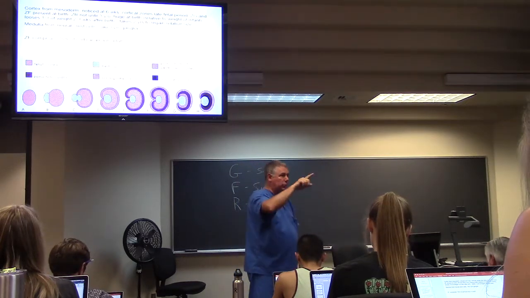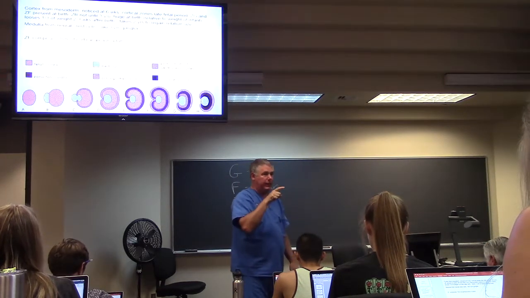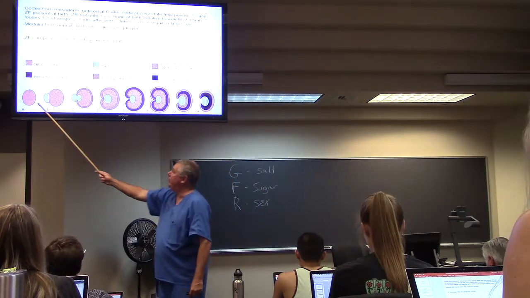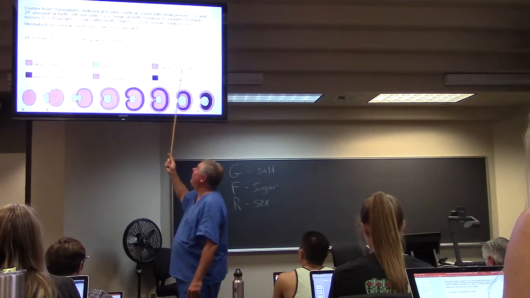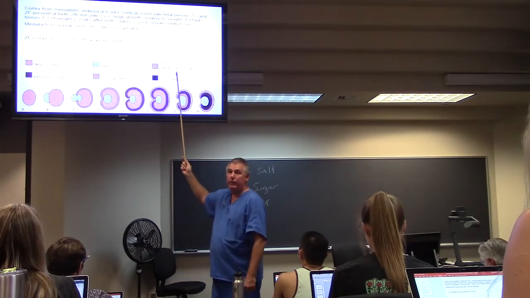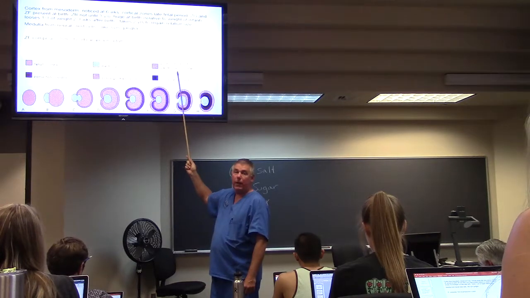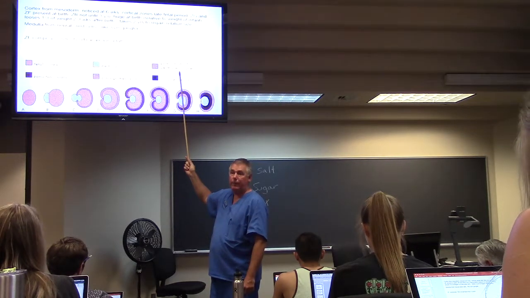That's the location. They're sort of reserving the spot. From there, you get differentiation of some of these cells into the primordium here. This is where you're going to start getting the different layers, the layering of the cortex right here.